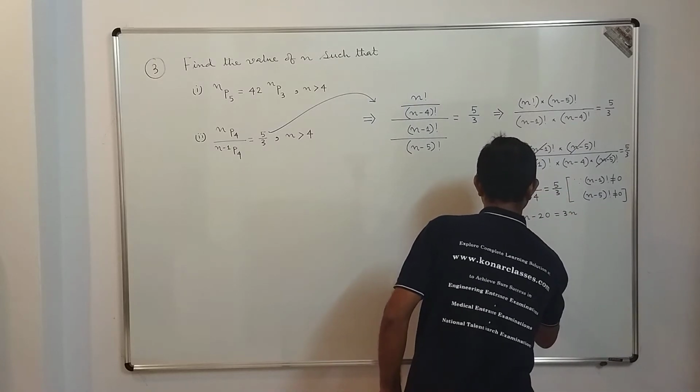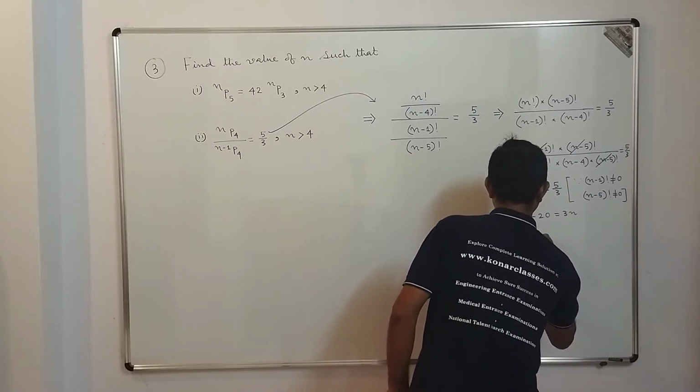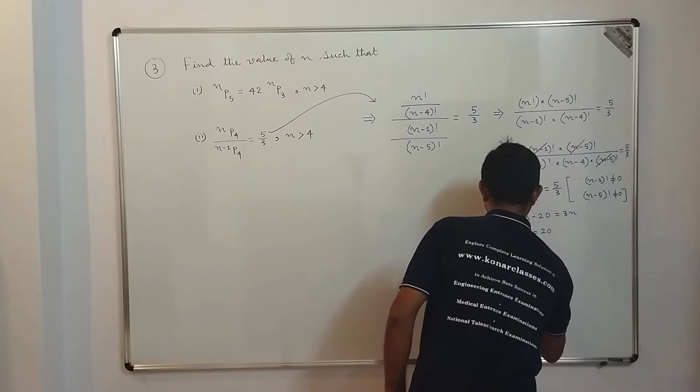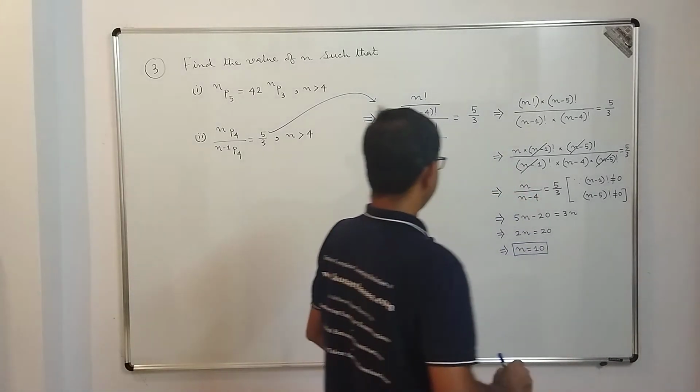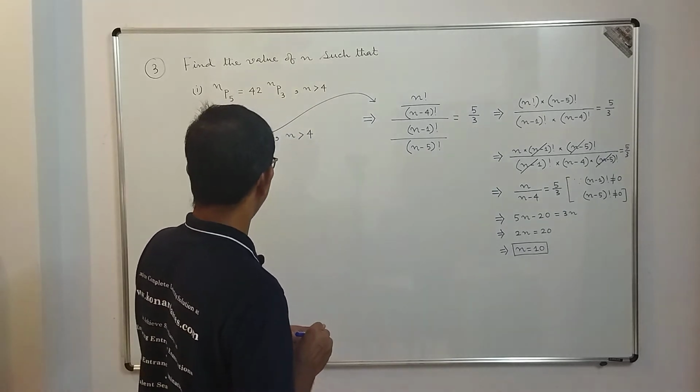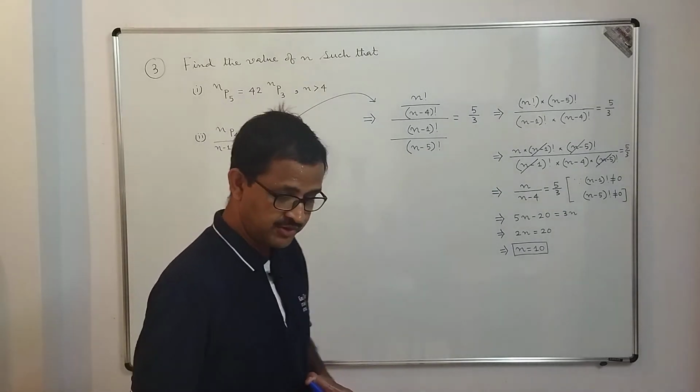This implies 2n is equal to 20, and hence we get the value of n as 10. Got it? So we found the value of n equal to 10.